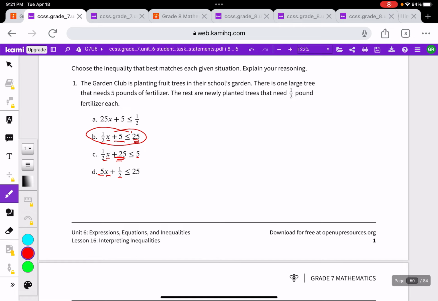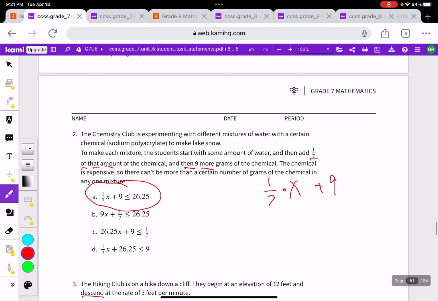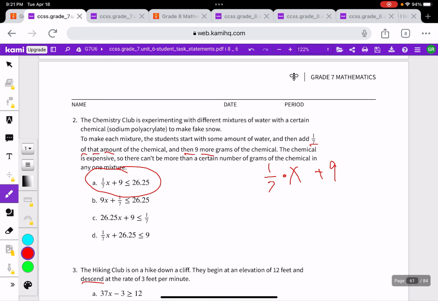So I'm going to kind of give you guys the questions there. Number 2 is kind of saying, let's see what it is. 1/7 of that amount? And 9 more of the chemical. There can't be more than, it's kind of saying, to make each mixture, the students start with some amount of water and then add 1/7 of that amount of the chemical.